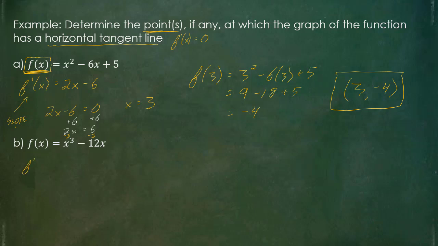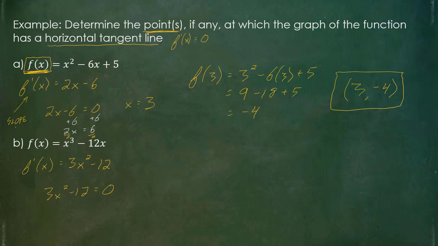Same start, need to figure out what is my derivative. So with this one, the 3 would come out, and then the power would drop by 1, and then the next one is just going to turn into a negative 12 because the power on x would turn into a power of 0, so it drops the x term. So I'll just set 3x squared minus 12 equal to 0.